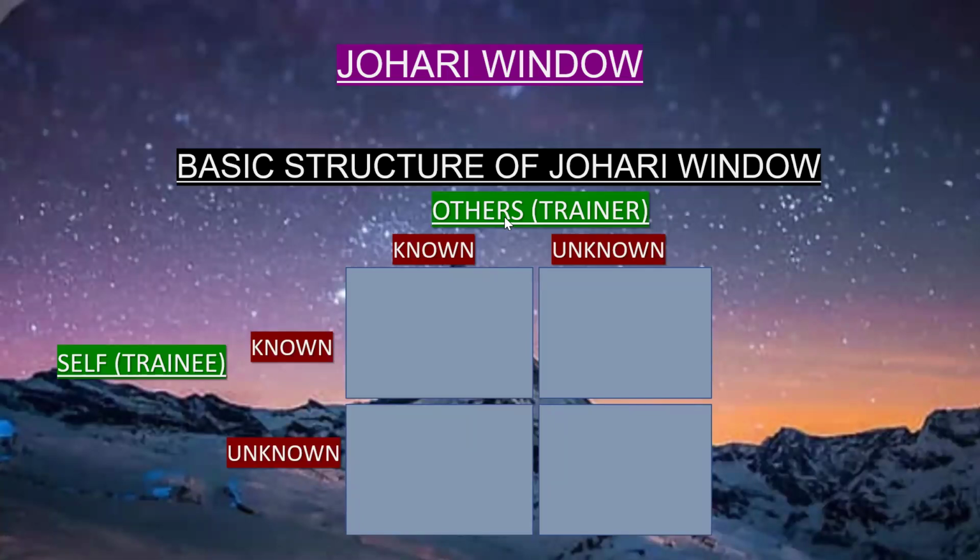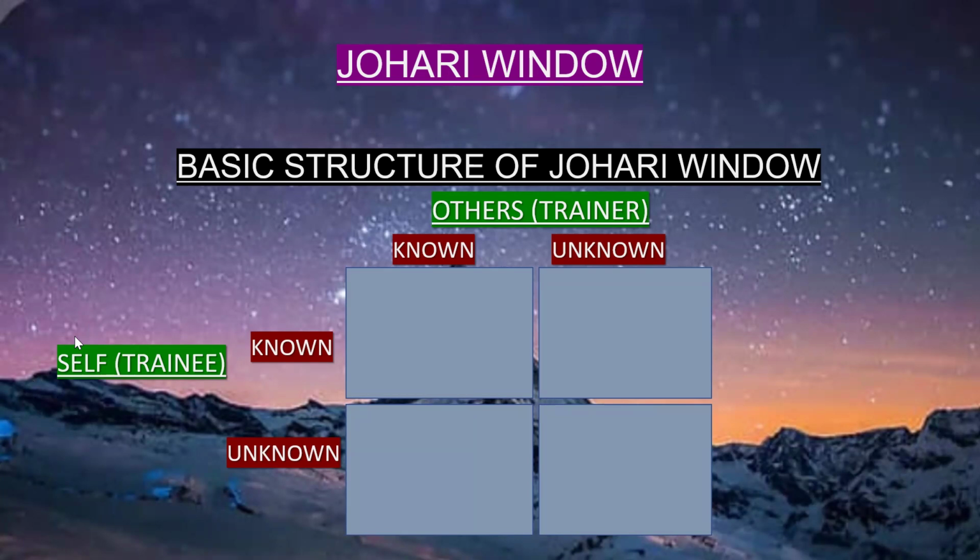When the interaction is purposive, let us say a training situation, which I have taken as an example here, then the self or A refers to the trainee and others or B refers to the trainer. So the trainee and the trainer interact, self and others interact, or as we discussed a couple of minutes before, A interacts with B.